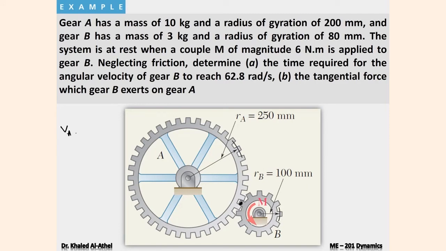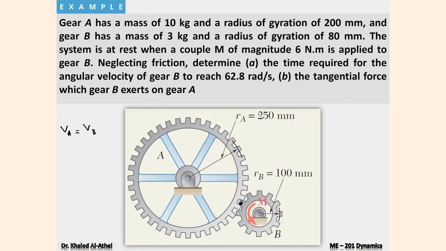So VA at that point should equal VB. So I'm going to utilize this. Again, this is my X, this is our Y, and this is our Z. So VA equals VB, which gives me omega A RA equals omega B RB.